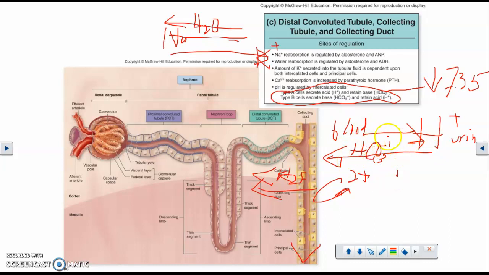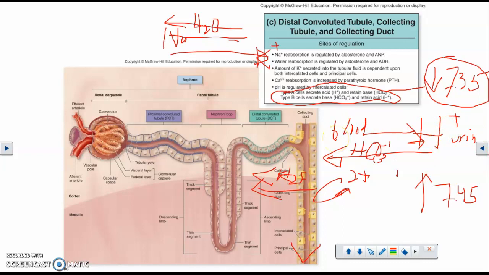Why do you want to reabsorb bicarbonate ion and get rid of hydrogen ions? Reabsorbed bicarbonate ions can neutralize excess hydrogen ions, which result from your pH being lower than 7.35. Obviously, if your pH is above 7.45, the upper limit of arterial pH, it's the opposite. With type B cells, this whole movement gets reversed. Bicarbonate ion exits into the urine, and more hydrogen ions get reabsorbed back into the blood.